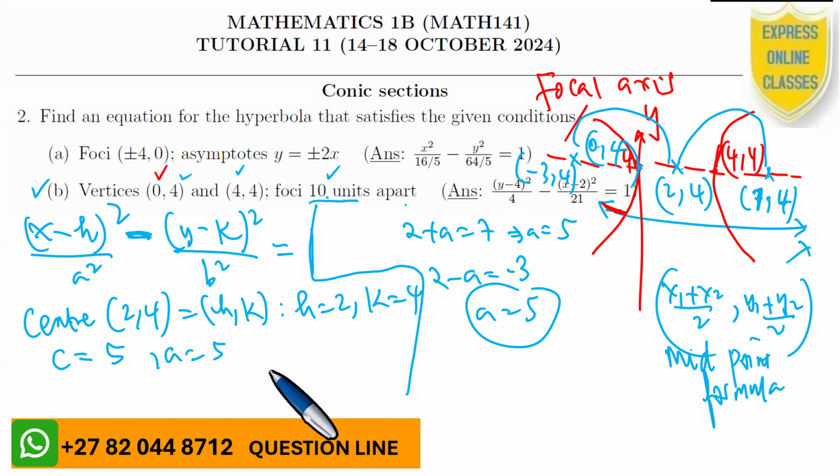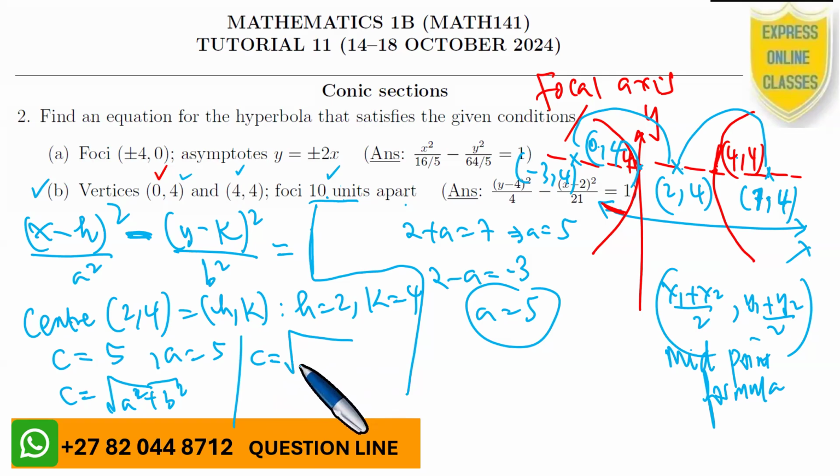What about the B? To get the B, obviously, you need to use the formula, because we don't use B much in the transformations. Our C is the square root of A squared plus B squared.